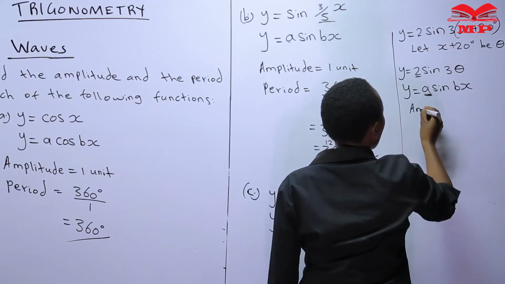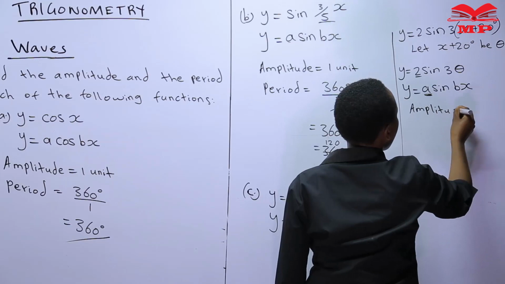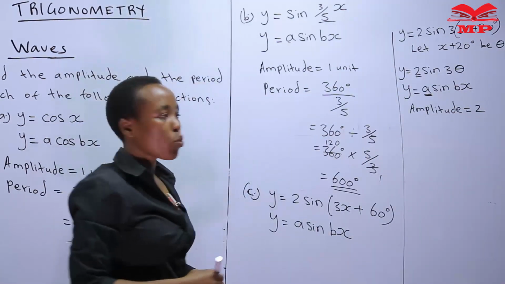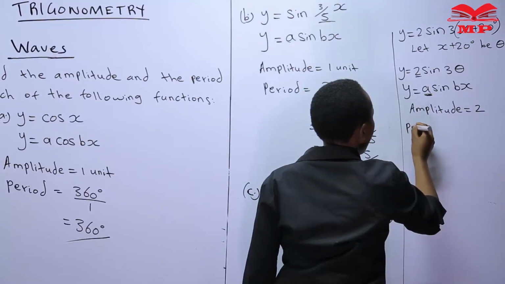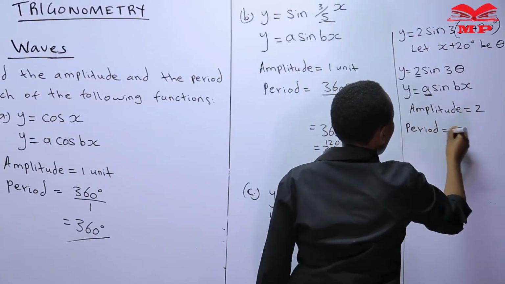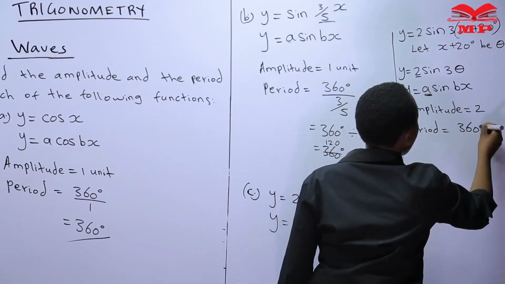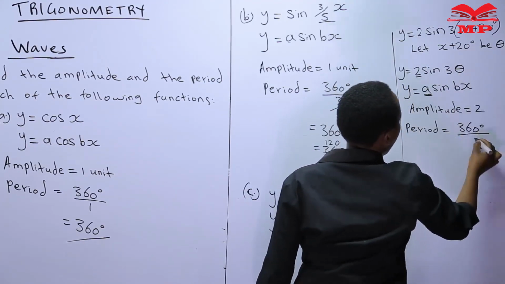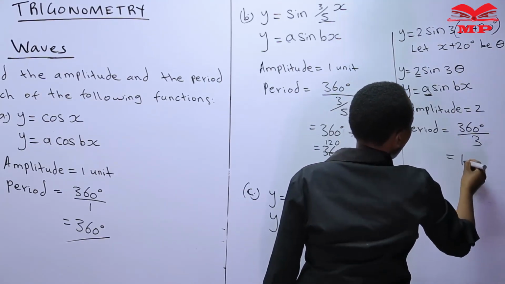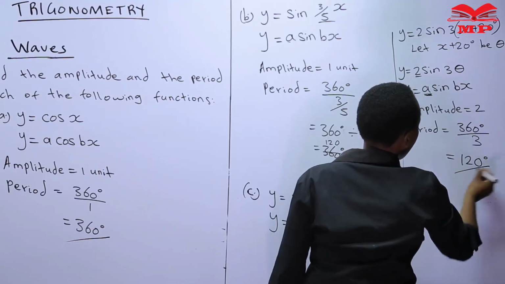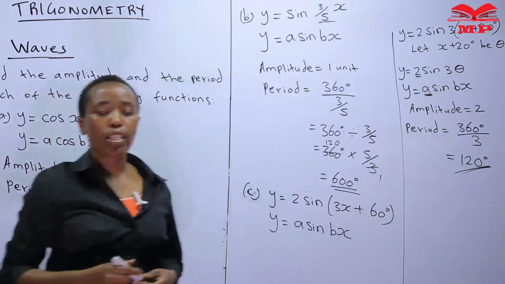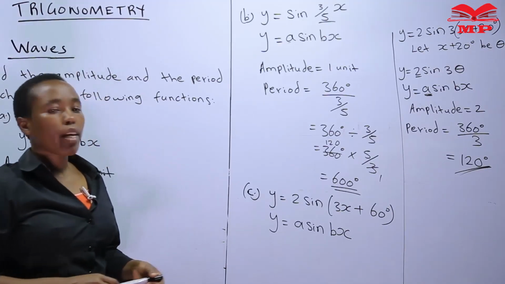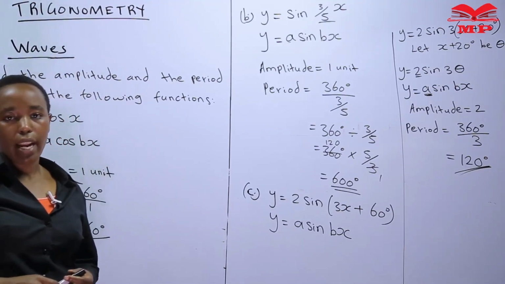The amplitude for this is equal to 2. And then the period is equal to 360 degrees divided by b, and the value of b here is 3. So the period will be 120 degrees. And that's how we find the amplitude and the period without having to draw the graph.